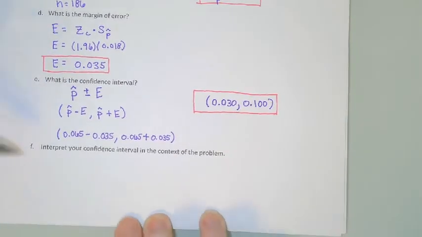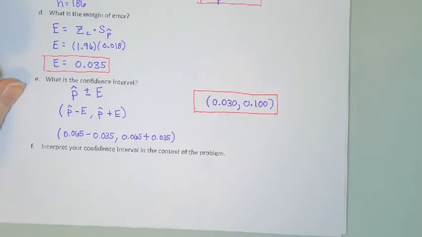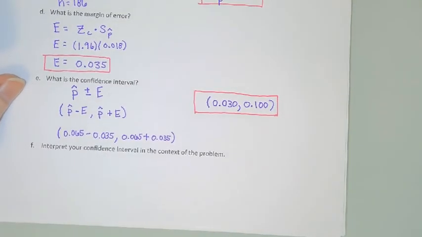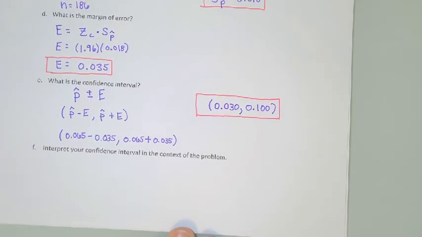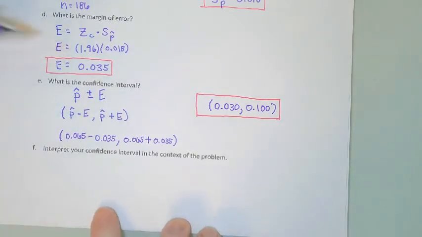When you're interpreting the confidence interval, you always want to start by stating what confidence level was used. In this case, we used a 95% confidence level.